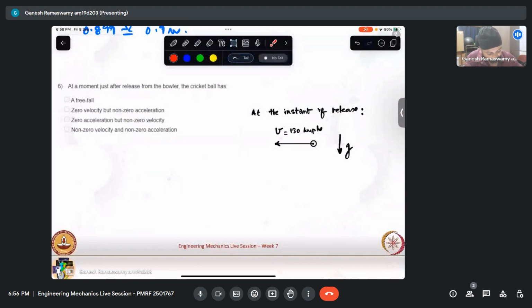It is having a free fall? Yes, because the only acceleration that is acting is the gravitational acceleration. It has zero velocity and non-zero acceleration. It has zero acceleration, non-zero velocity. We can see that the net velocity is non-zero and the net acceleration is also non-zero. So essentially, this is the correct answer.